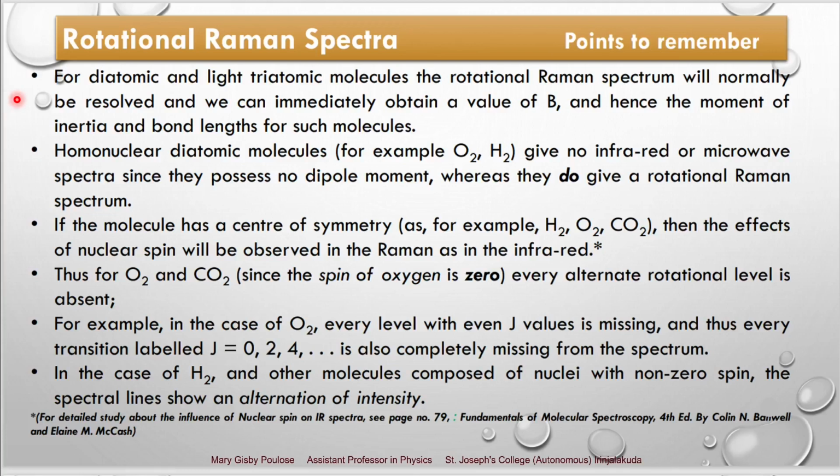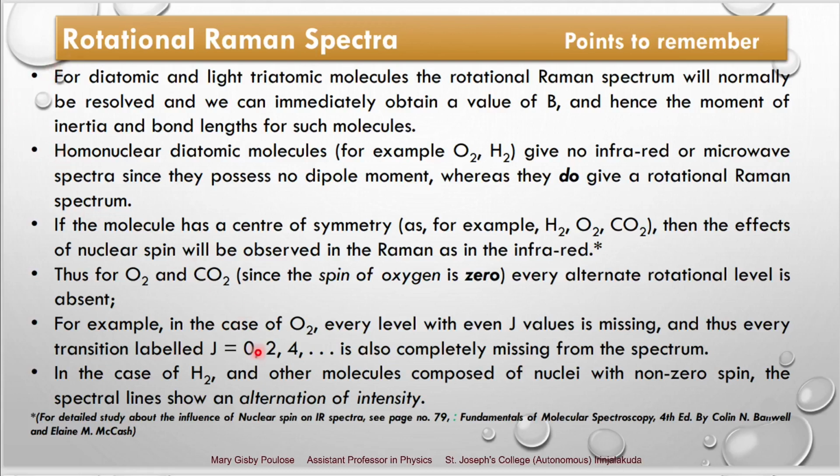Hence, for oxygen and carbon dioxide molecules, since the spin of the oxygen atom is 0, every alternate rotational level will be absent. Hence, in the case of the oxygen molecule, every level with even J values is missing, and every transition labeled J equals 0, 2, 4, 6, etc. will be missing from the spectrum.